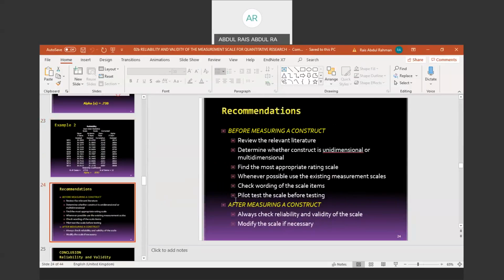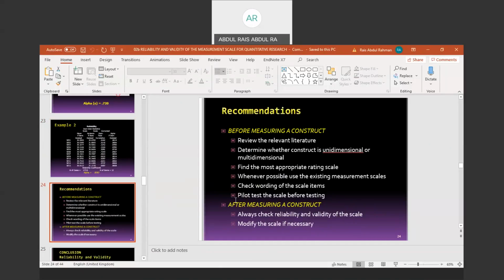Before measuring a construct, it is important to review the relevant literature and determine whether the construct you want to measure is unidimensional or multidimensional. Find the appropriate rating scales.